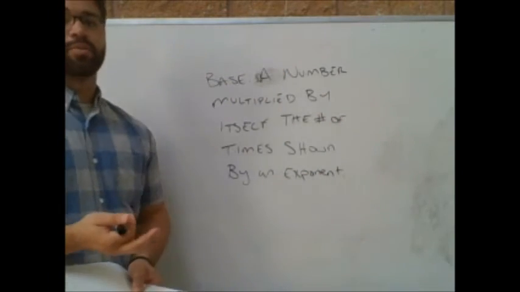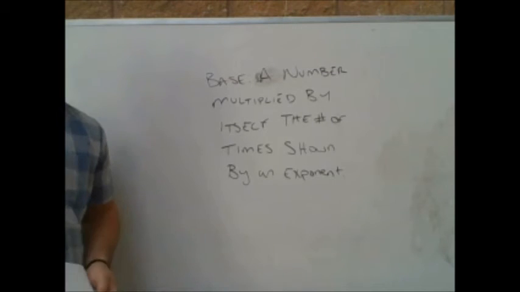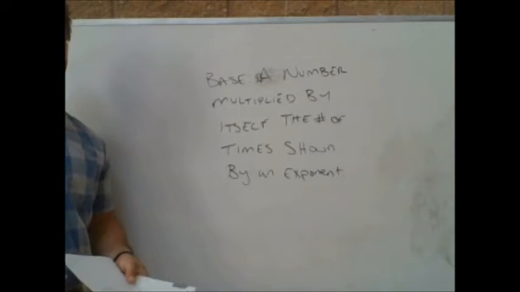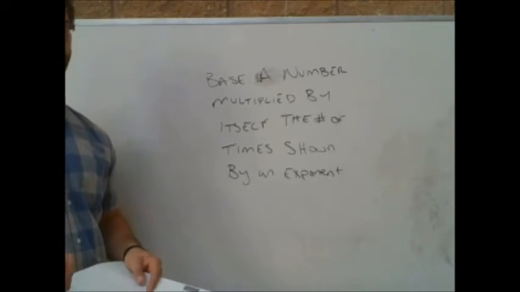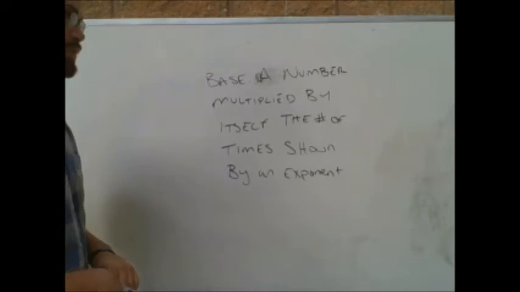Okay, so that's the definition for base. I'm going to step aside and let you copy that if you need to. Go ahead and pause it, and then we're going to move on to the next word.